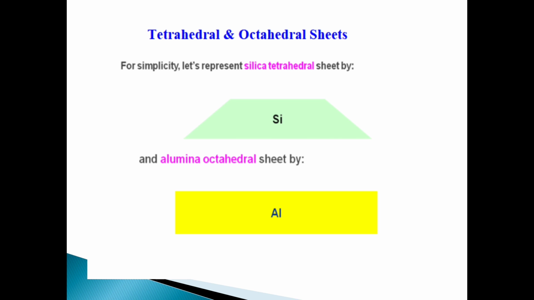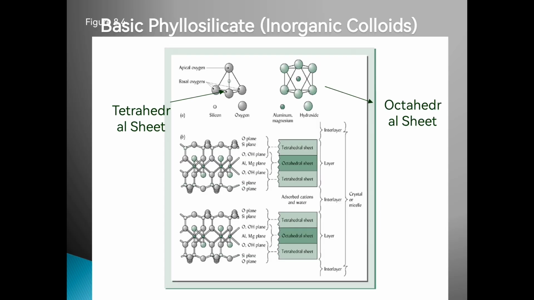Let's represent the silica tetrahedral sheet by this, the silicon. Yung green, flat siya. That is the silica tetrahedral. And the aluminate octahedral sheet is represented by the yellow one, which is pahiyo siya, aluminum. Okay. Then, this is the basic phyllosilicate inorganic colloid.